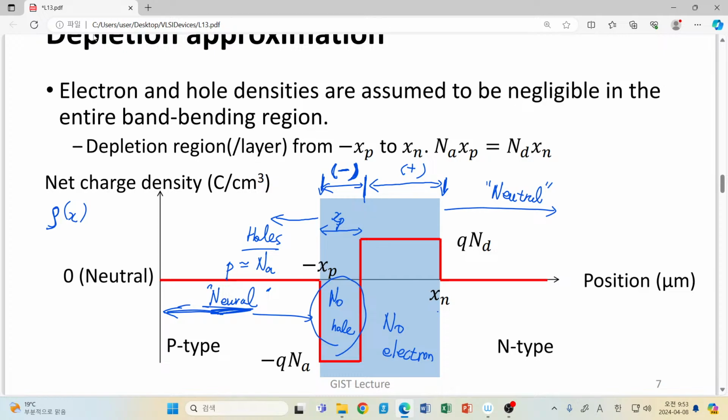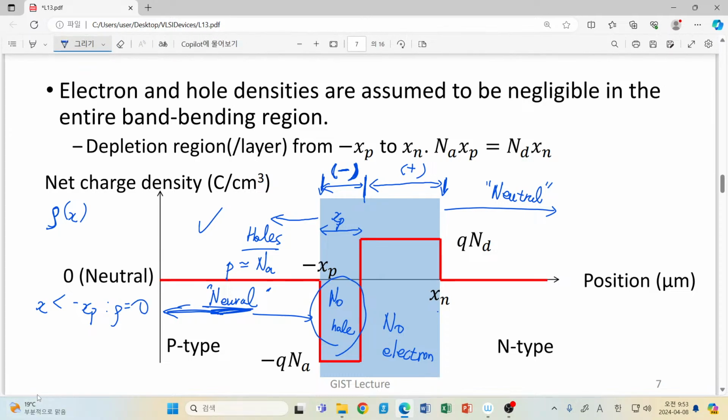So, if x is lower than minus xp, then net charge density is just 0. And if x is larger than xn, then once again net charge density is 0. And if x is larger than minus xp, belonging to the p-type depletion region, then net charge density will be just minus q times NA, the acceptor density.